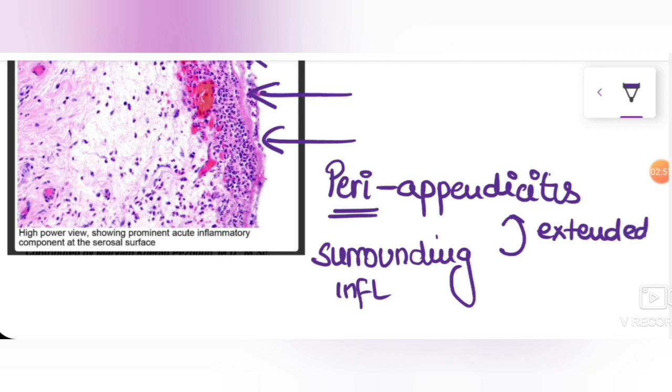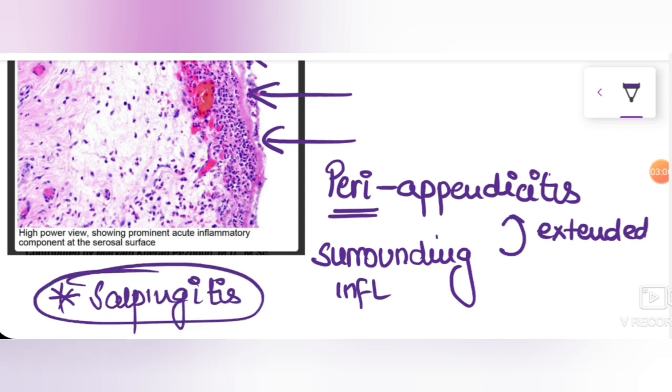So for example, one of the very common causes in females is salpingitis. That is fallopian tube inflammation, and salpingitis can extend into the serosa. Can you see the serosa, the outer layer showing you all those dot-like inflammatory cells?